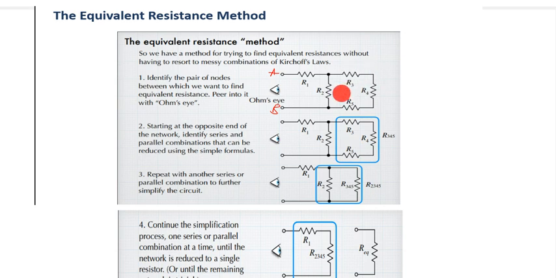So if they are in series, we reduce them using the series formula, which is going to be equal to R3 plus R4 plus R5. So whatever we get from this process will give us the equivalent resistance here.